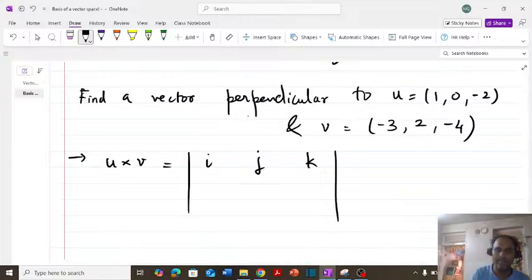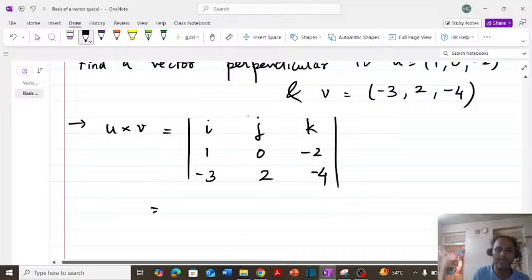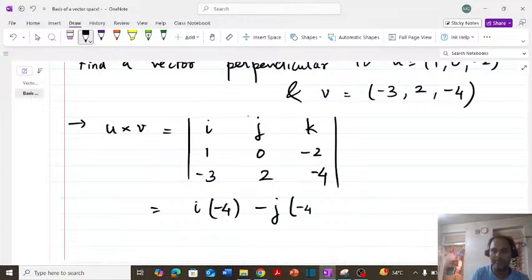So here it will be 1 0 minus 2, minus 3 2 minus 4. So what you will get is i multiplied by minus of minus 2 is minus 4, minus of j multiplied by, then that will be minus 4 and minus of 6. And then there will be plus of k multiplied by minus of 3, minus minus, plus 3.